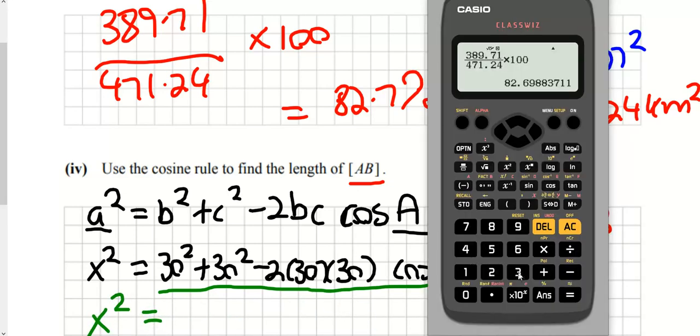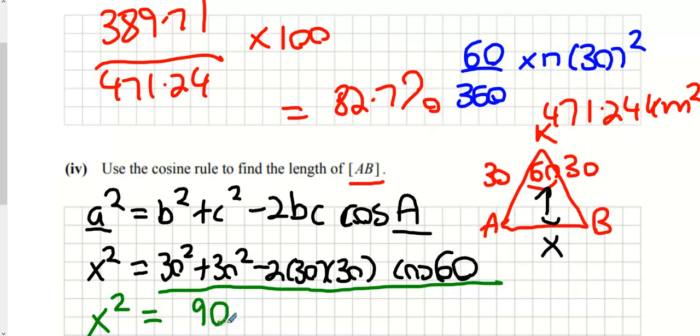Okay, 30 squared plus 30 squared minus 2 bracket 30 times 30 cos 60. Got an answer of 900. And then what? Square root it. Square root of 900.